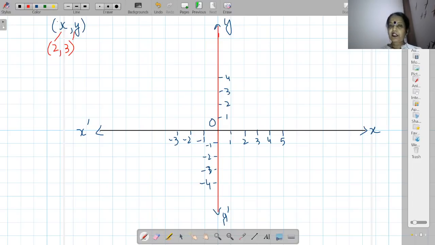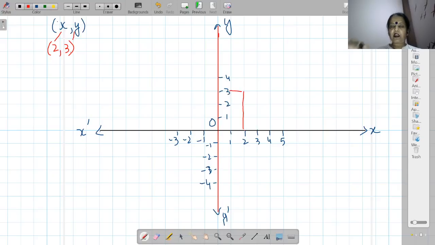So x is 2. So what will we do? Observe here, this is x 2 and y value is 3. So what will we do? We will take x value as 2 and y value as 3 and we will move towards each other side.